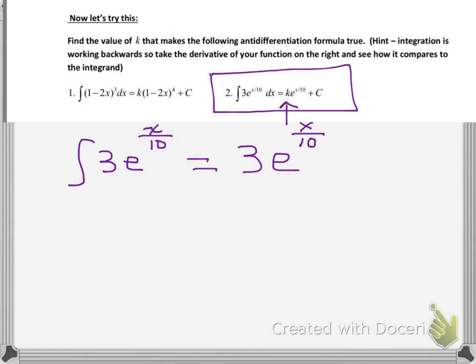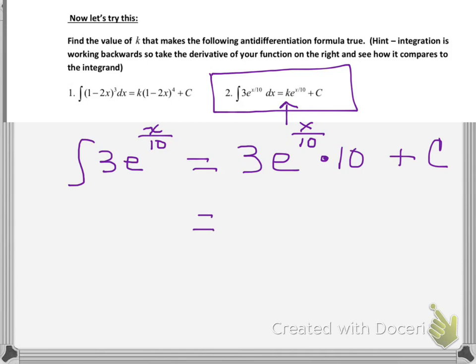I would have multiplied by 1 over 10, because that's the derivative of the exponent. Instead, I'm going to divide by 1 over 10. Dividing by 1 over 10 is just like multiplying by 10. So I'm going to multiply this by 10, and then don't forget about adding your constant of integration.